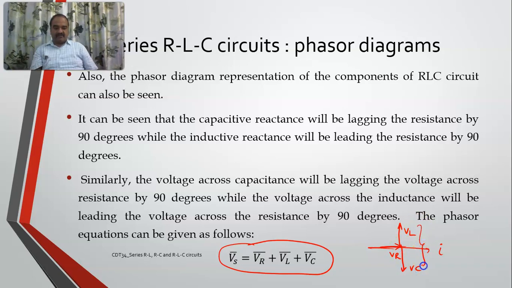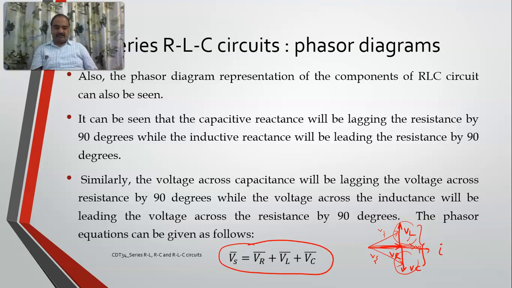Depending upon the magnitudes of VL and VC, you will be taking VL minus VC, isn't it? If VC is higher, then automatically this will be getting cancelled out and you will be getting a value somewhere like here. Right. Let us suppose if this is higher, then automatically the resultant voltage will be like this. If both are equal, then you will be getting an equal voltage here, Vs. So it all depends upon the value of your inductor and capacitor, the phasor diagram.